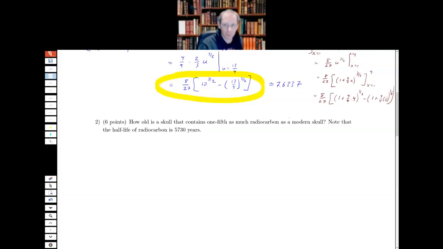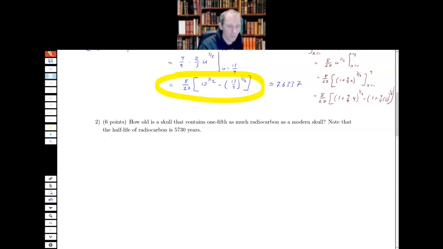Before I start talking about the skulls, let's just look at the radiocarbon on its own. The half-life is enough information for me to get the growth constant.